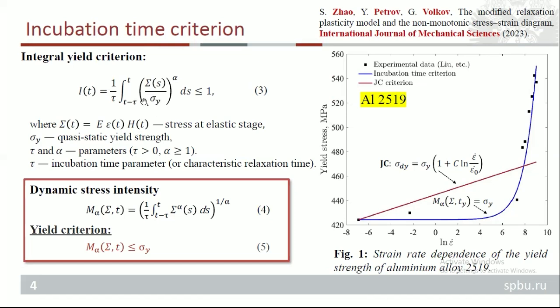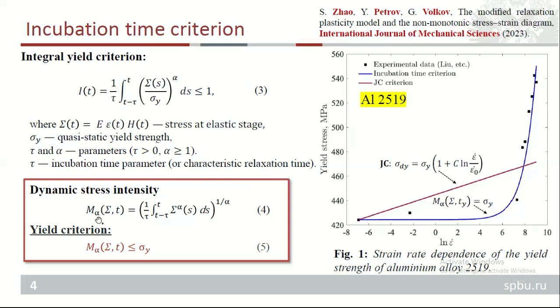And this sigma y is the quasi-static yield strength, a material constant. And also we have two parameters of the criterion, where this parameter tau is called the incubation time parameter, or in this case, it is also regarded as the characteristic relaxation time parameter.